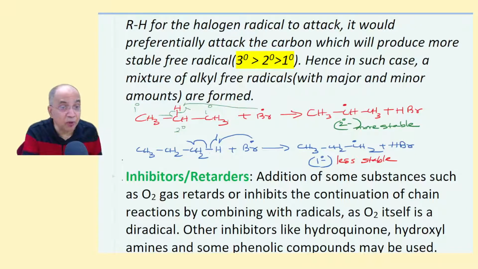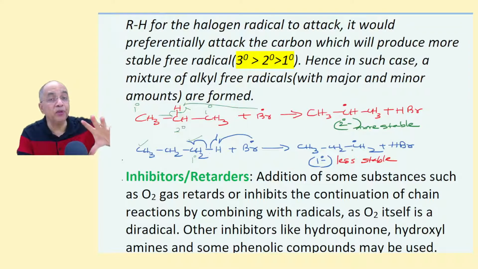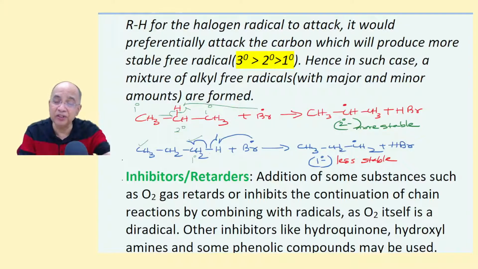And the second possibility is to abstract a hydrogen from the primary. This is 1 degree. These two are equivalent, and any one of them can lose a hydrogen atom to produce HBr, and you get a primary free radical which is less stable. So there will always be a dominance of one radical over the other, hence a major product and minor product will always be there, right?